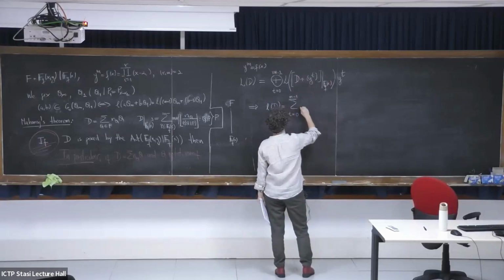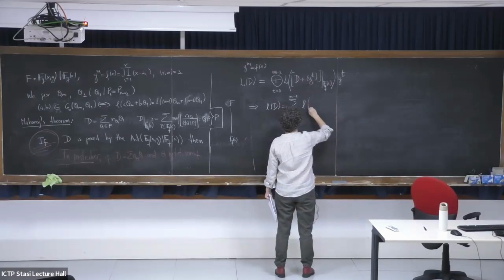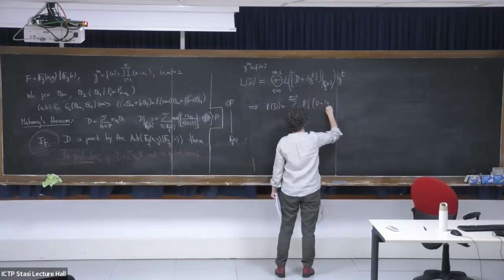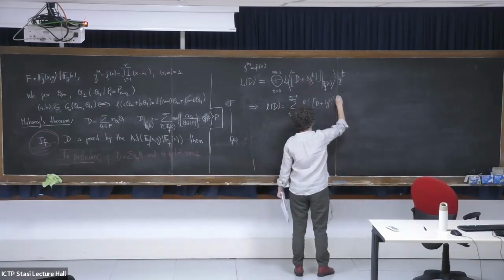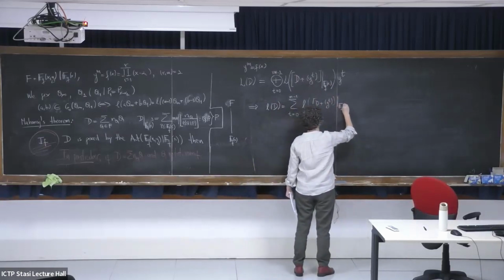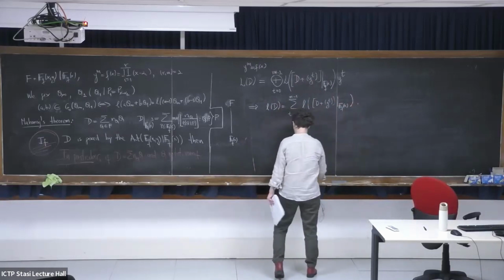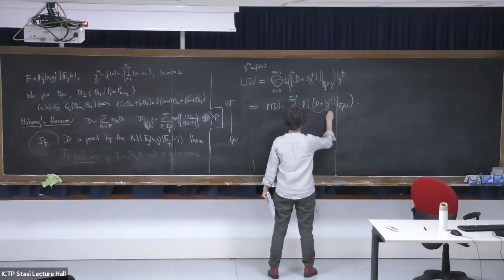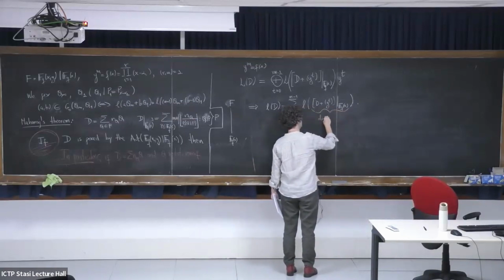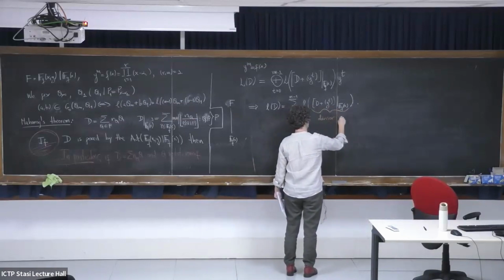So this is just the sum of the dimension of this guy. What is good is that this is a divisor here.